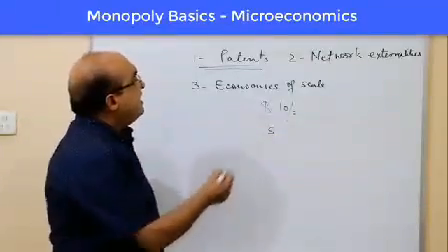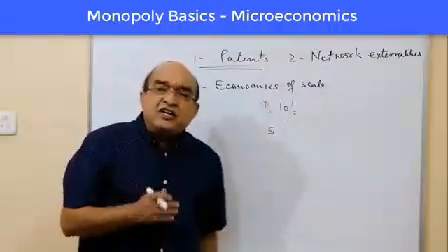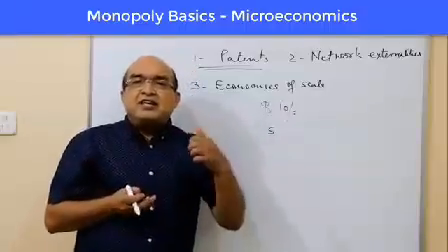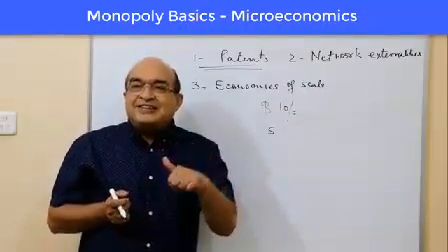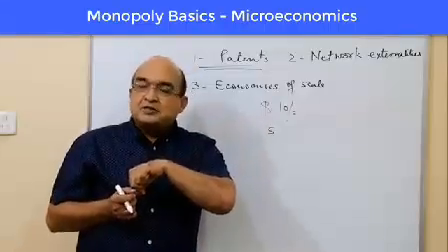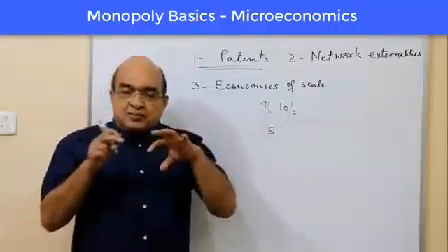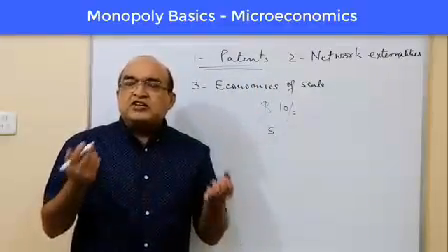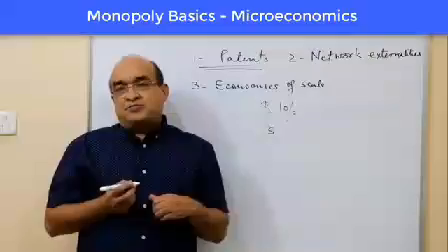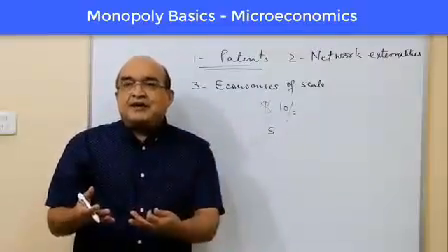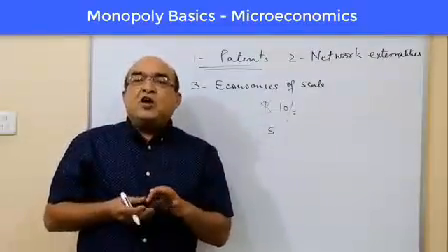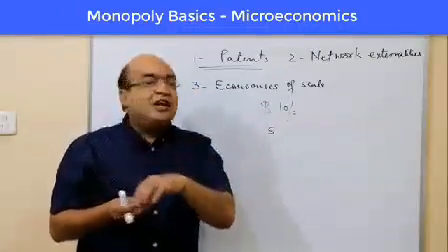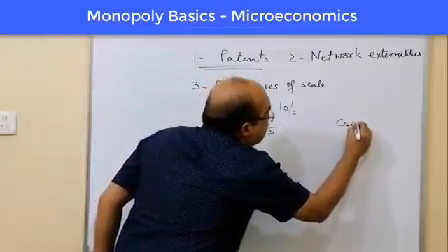The second is network externalities. Network externalities is also known as demand side economies. It means that the value of the product for a consumer increases if others are also consuming it. That means if a particular good is consumed by a huge number of users, another firm that would like to enter the production of the same thing would have to create a market up to at least a certain level, which is known as the critical mass.